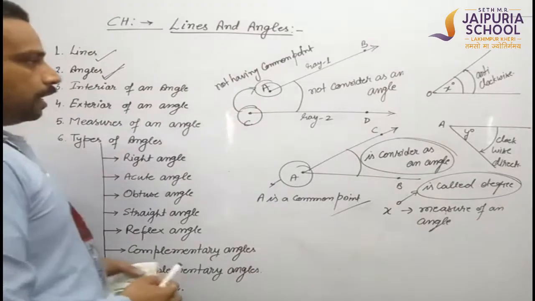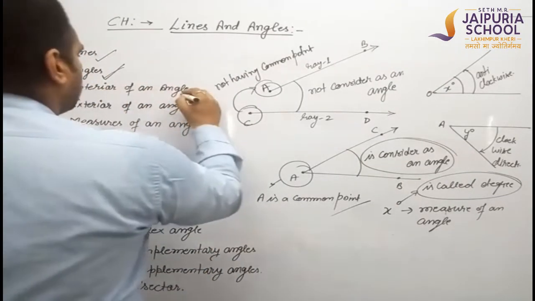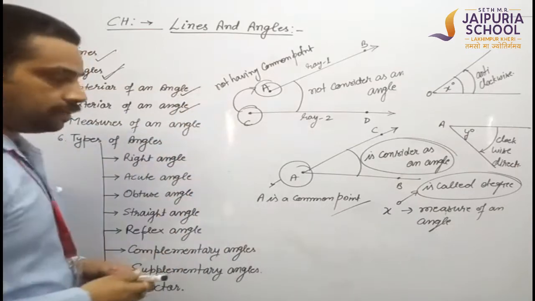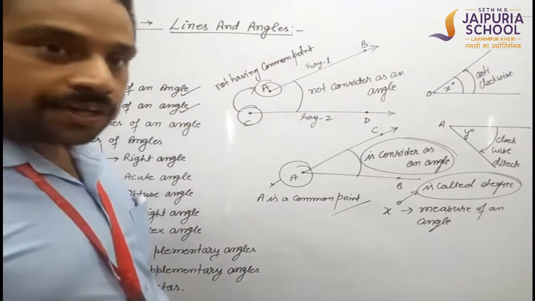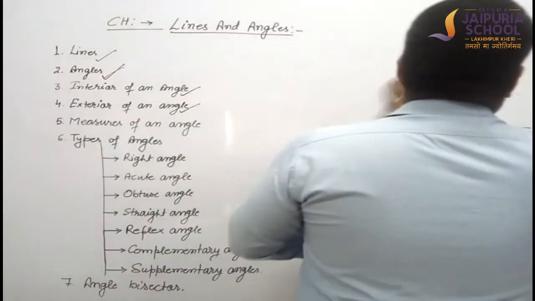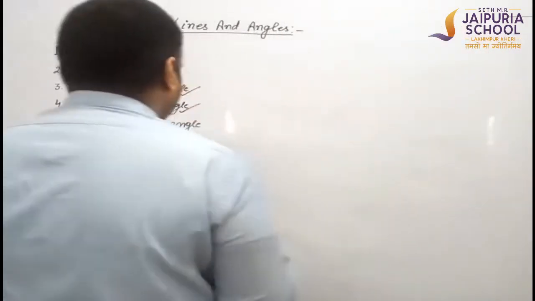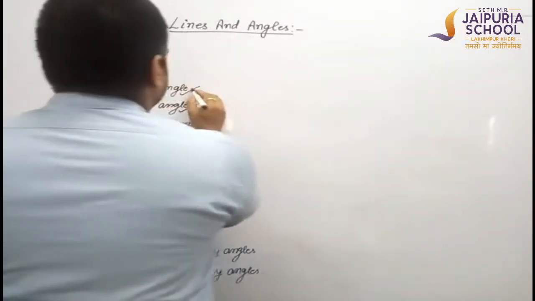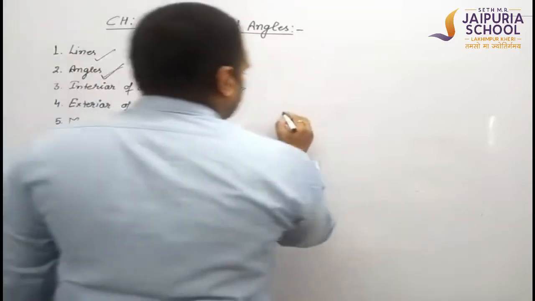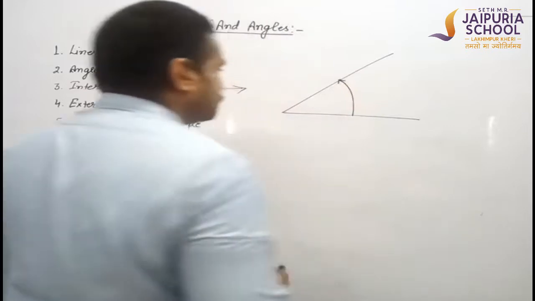And here I am going to explain interior angles and exterior angles. So what is an interior angle and what is an exterior angle? Interior angle, when you are taking the gap between two rays.